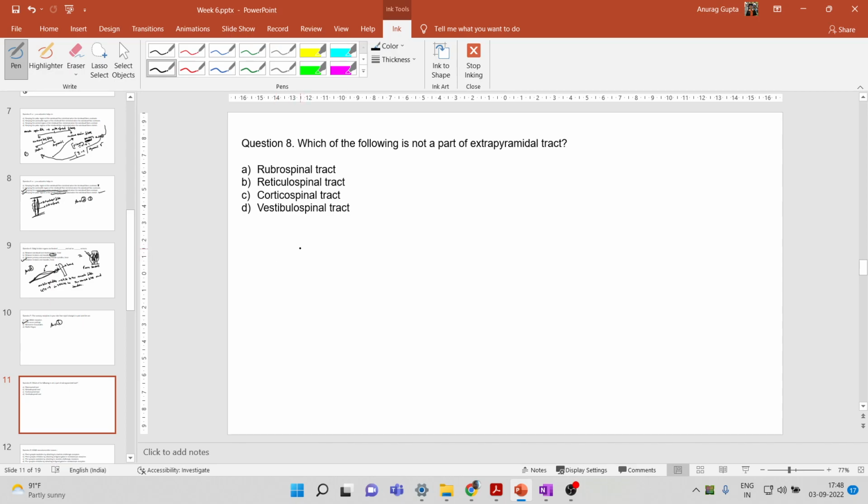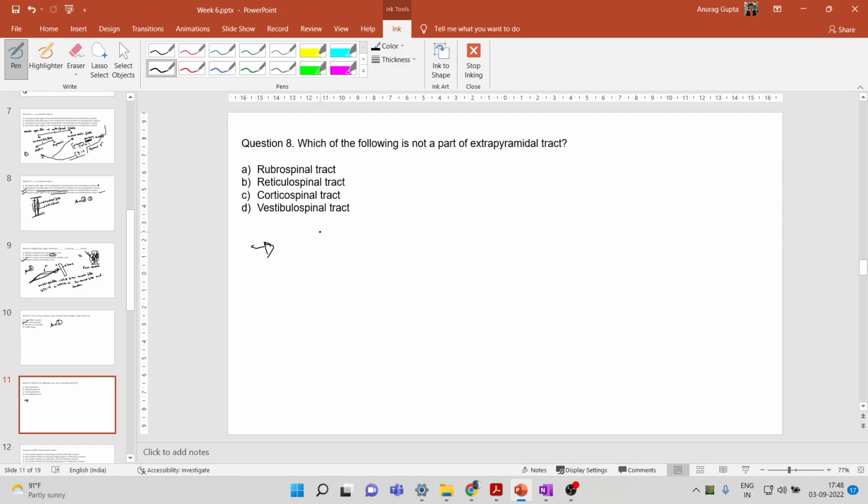A tract is basically a bunch of axons traveling through the spinal cord.